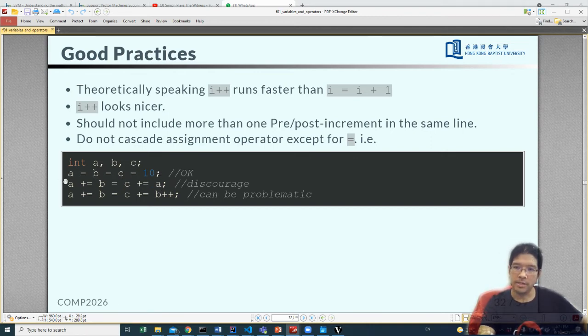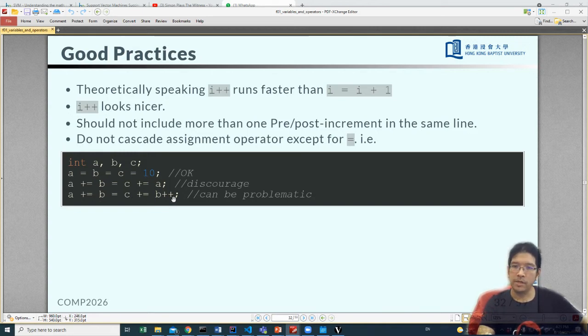But this one, the second line, will be a little bit of a problem. This one will give you some very unexpected results. We don't encourage students to do it. Because we discourage you from doing it, we won't ask a question like the third line here in our quiz.